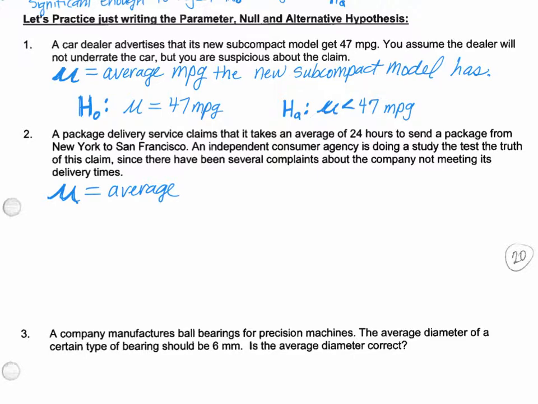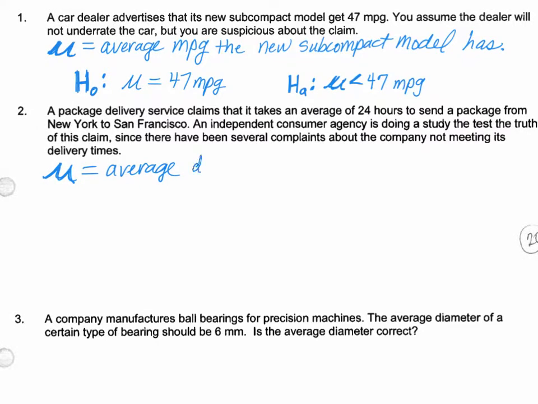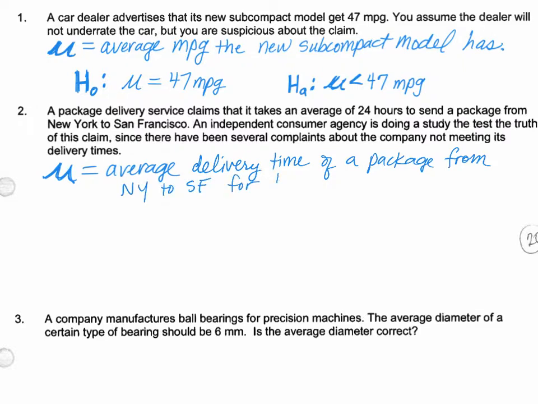They're disputing that. They're thinking this service is making false claims. So we need to say the average delivery time. Should we say average package delivery time then? Otherwise, we could get maybe cars. Of a package from New York to San Francisco for this company.